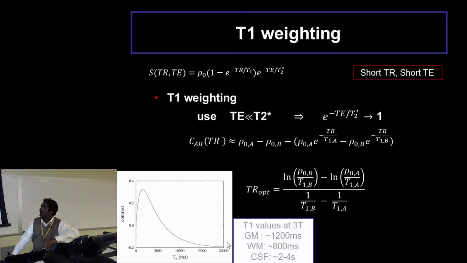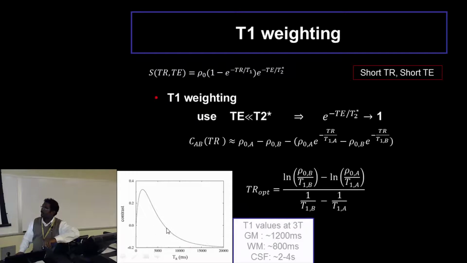At short TRs, where you're not letting the magnetization fully recover, you have gray matter brighter than CSF, so you have positive contrast. As soon as you go to the long TR regime, CSF dominates, so the contrast becomes negative.